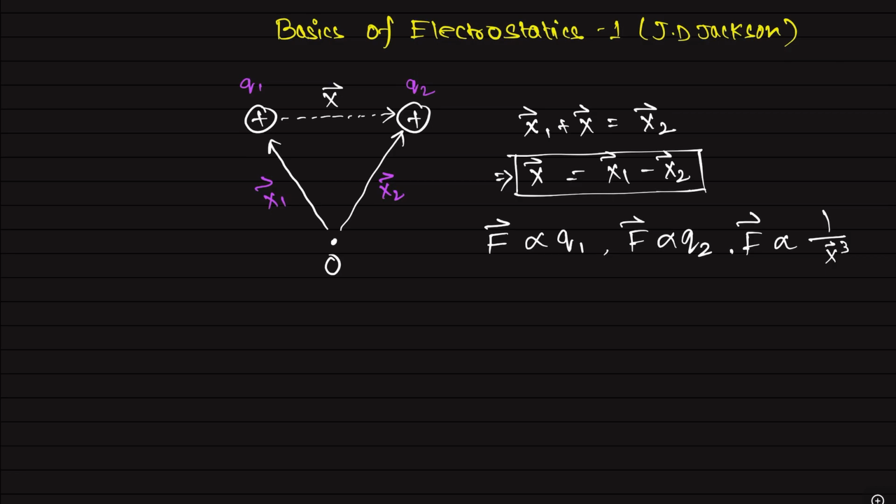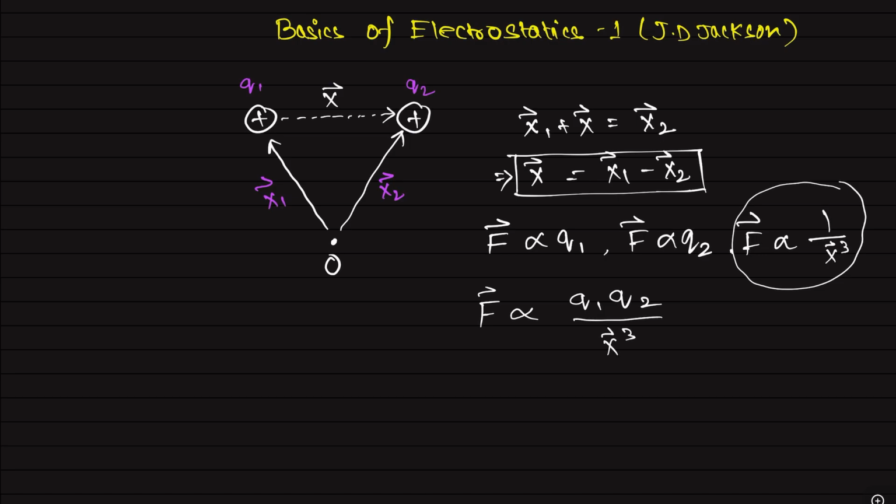How do you know that it's cube? You can prove it experimentally. You cannot prove these things using mathematics. It just comes from experiment that it's inversely proportional to x cube. Combining all this, we can write that F is proportional to q1 q2 by x cube.